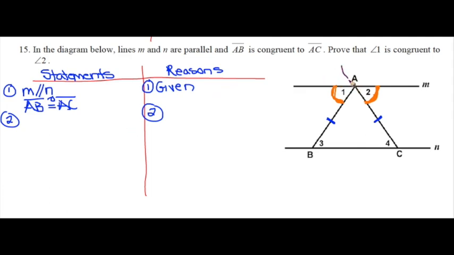Here's a transversal, and here are some parallel lines, which means that angles 2 and 4 are alternating interior angles, and they're always congruent. That goes the same for angle 1 and its relationship to angle 3.